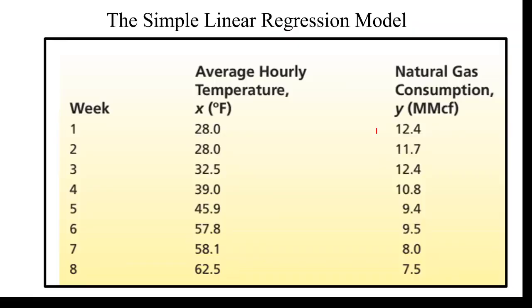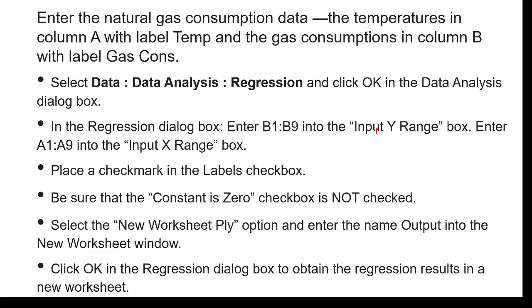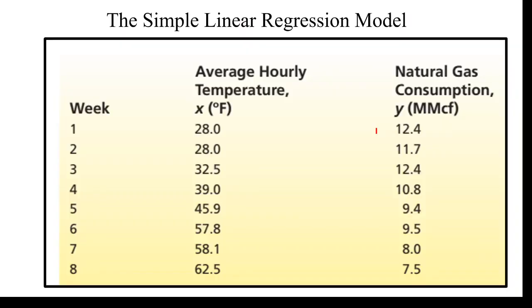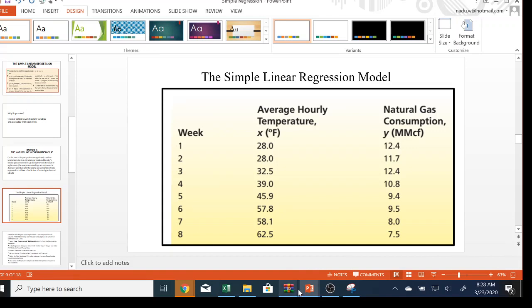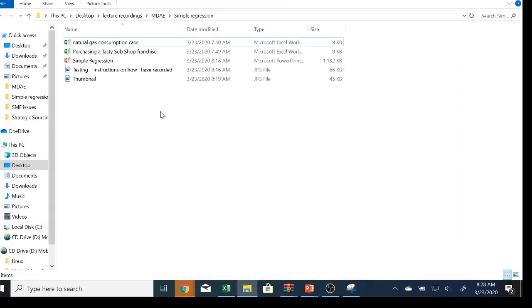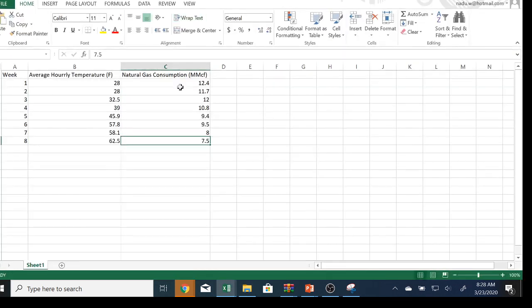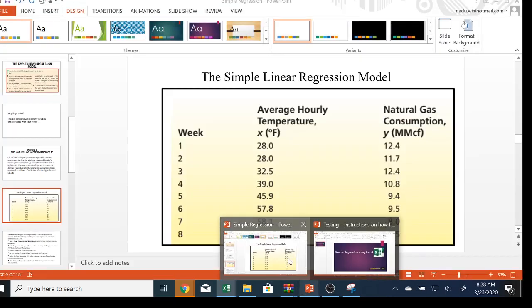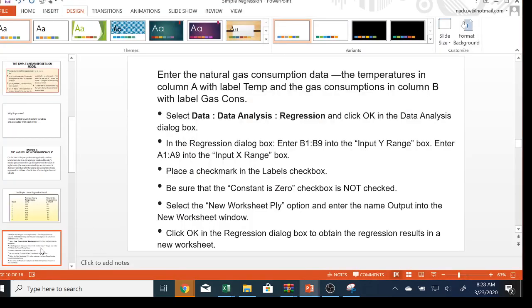So this is the data set given. So here when we are given the data set, okay, I am going to open the particular data set in Excel now. So this is the natural gas consumption. We look at what is given here.